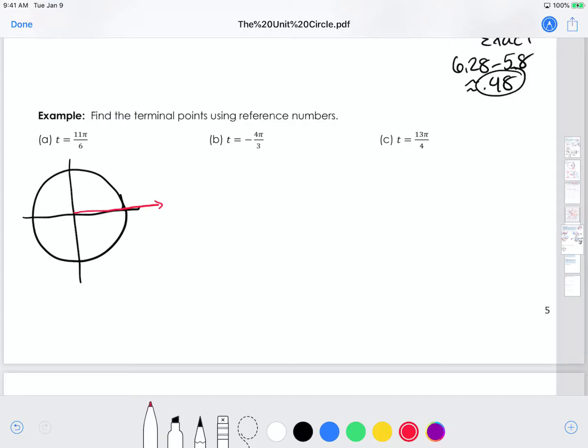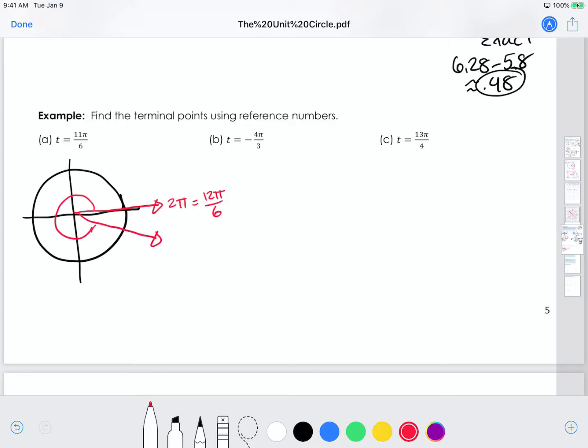Here is my initial side. I would open it like this because this is 2 pi, which is 12 pi over 6. That's the same as 2 pi. So I know it's going to be a little bit before 2 pi.